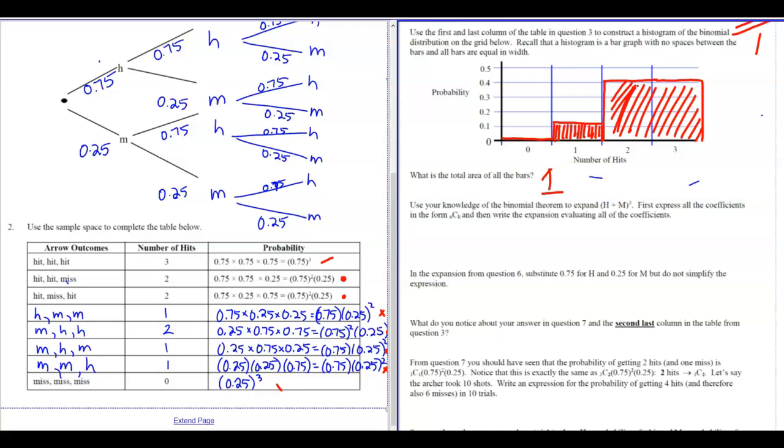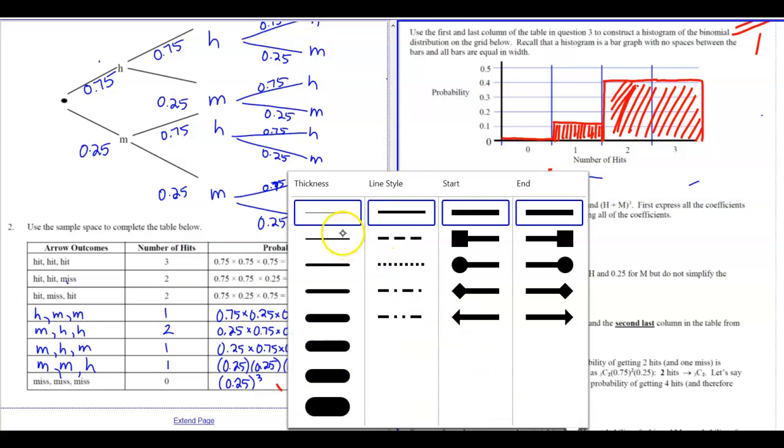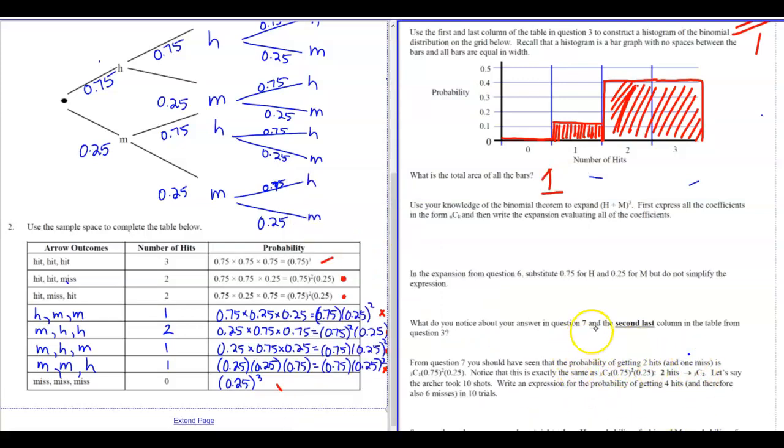Go back to here. So remember, good practice. So exponent there is 3, so that's going to be 3C0 H cubed m to the 0, so you don't have to show it, plus 3C1 H squared m plus 3C2 H m squared.